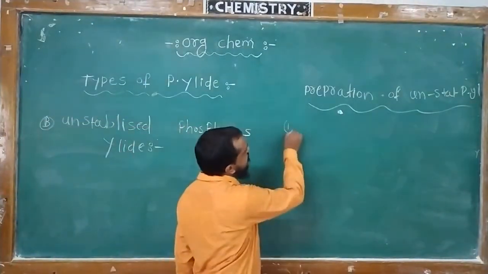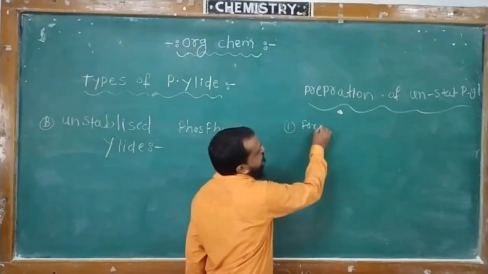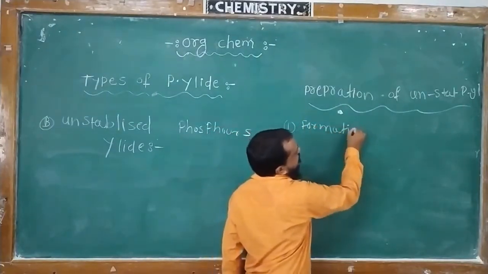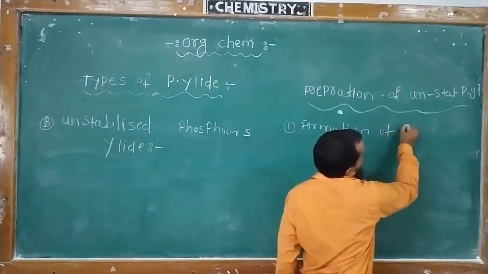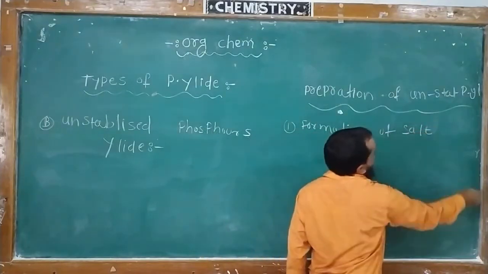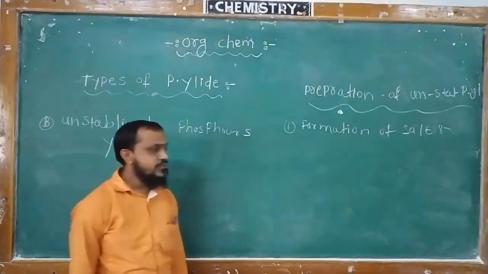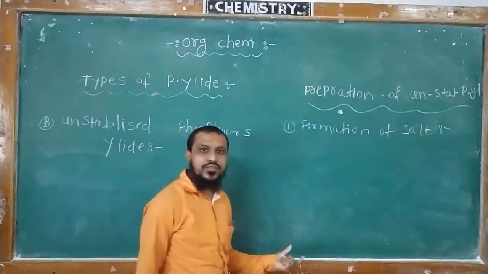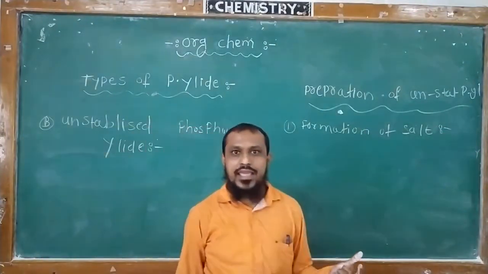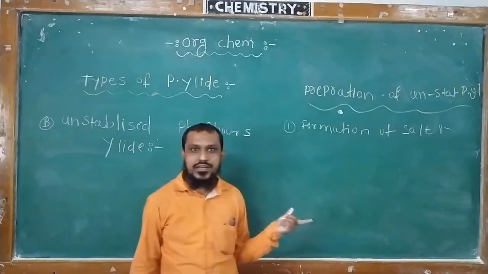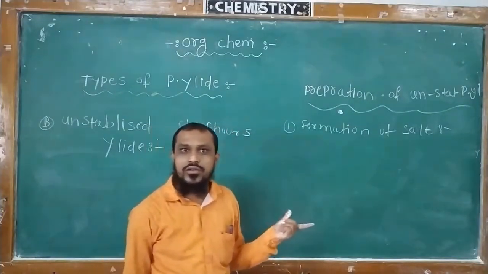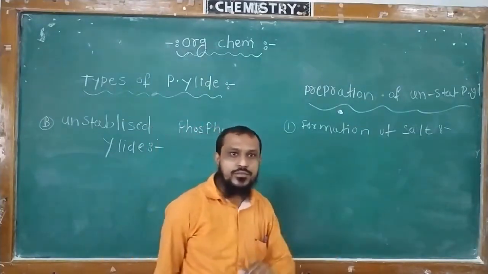First one is formation of salt. In the formation of salt, triphenylphosphine interacts with any alkyl halide which contains an electron donating group.